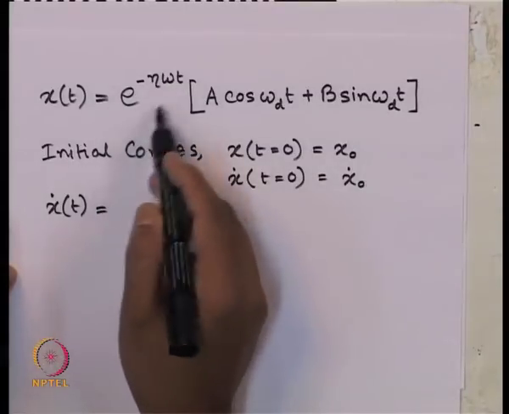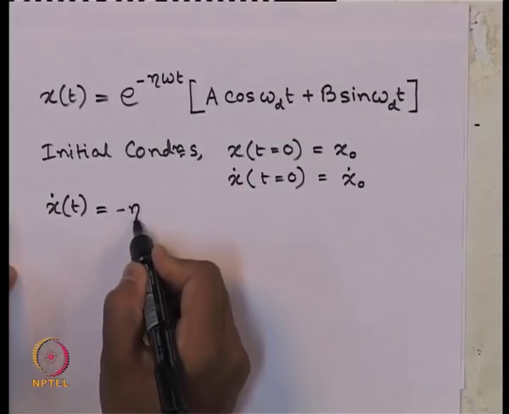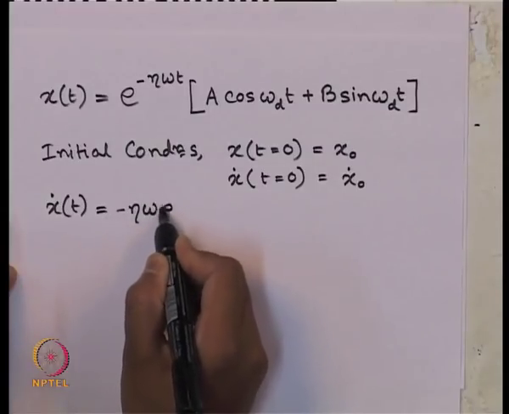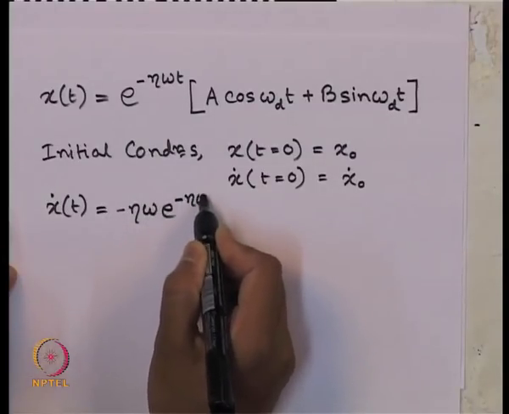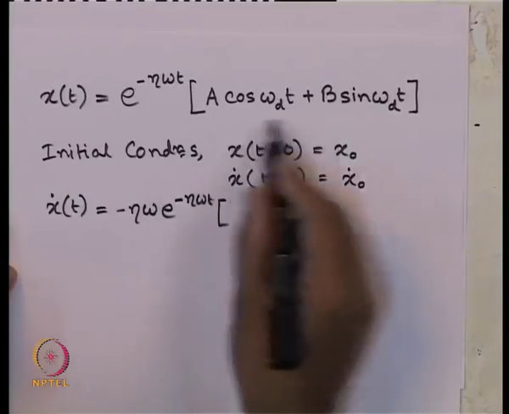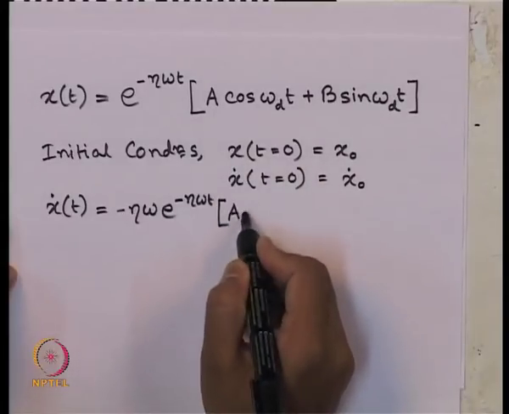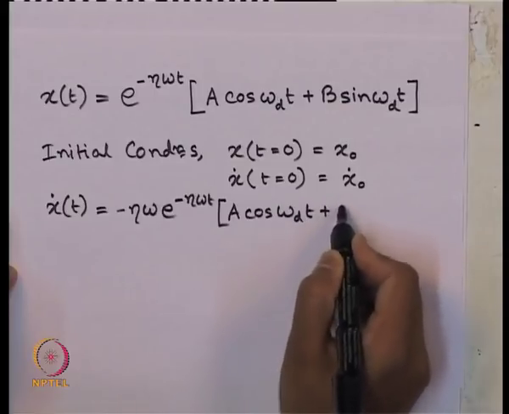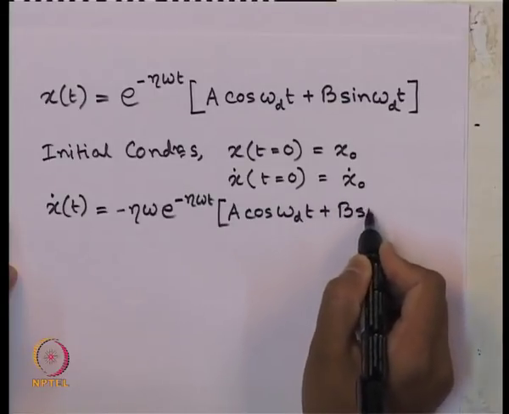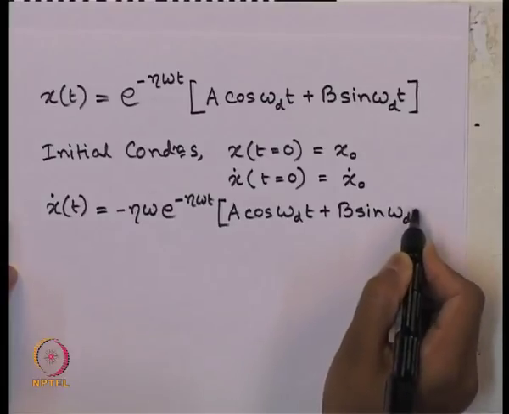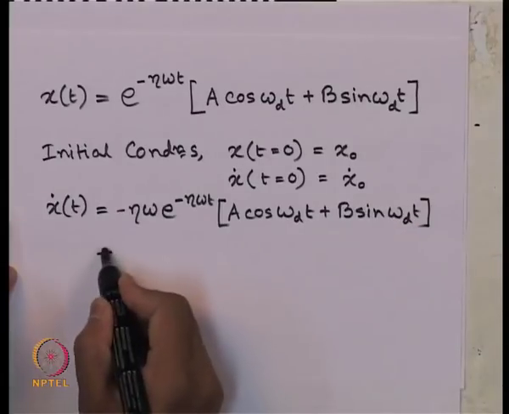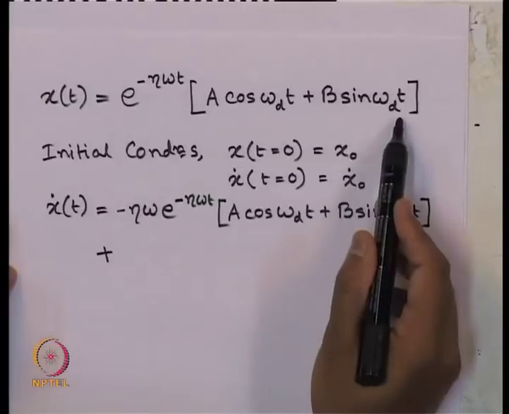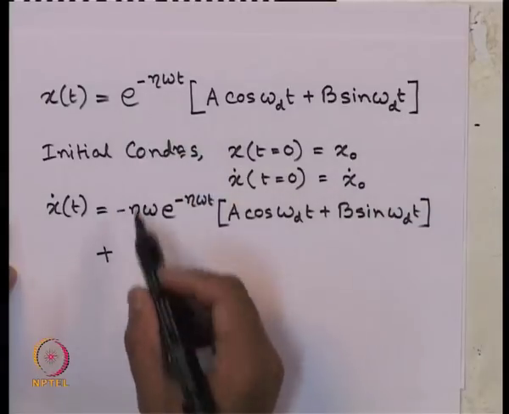First, let me differentiate this function. So, minus eta omega e to the power minus eta omega t times this remains as it is, a cosine omega d t plus b sin omega d t, plus, now let me differentiate this function keeping this as constant.